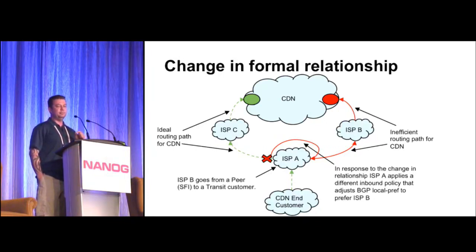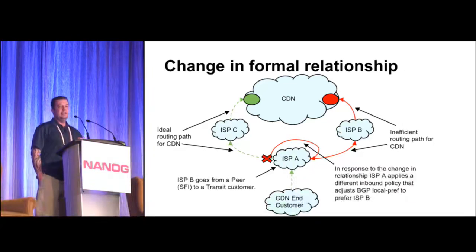This is a harder problem to address. A lot of the TE mechanisms that are available to a CDN to influence routing multiple hops away are no longer available to us when local pref is used as a default traffic engineering metric, right?